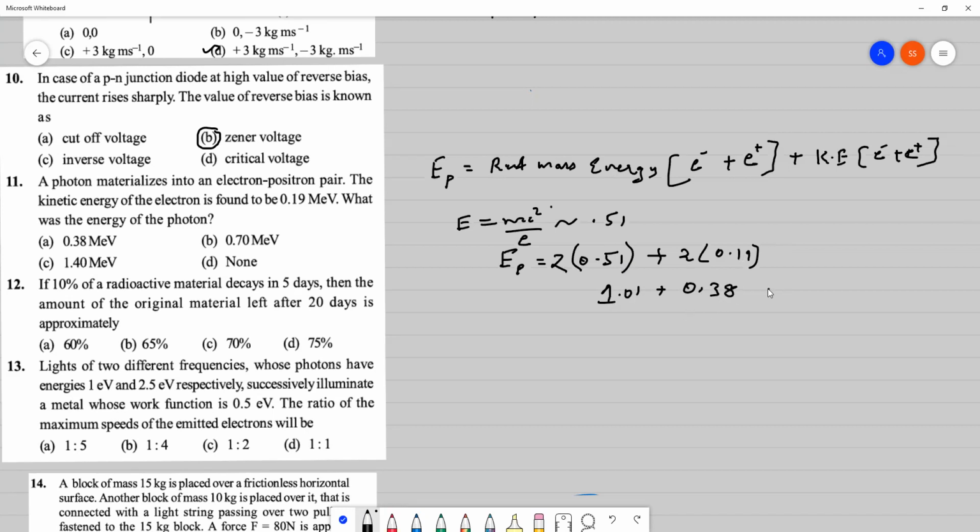So this will become approximately 1.39, slightly greater than 1.39. So if you look at the options, this should be the right answer.